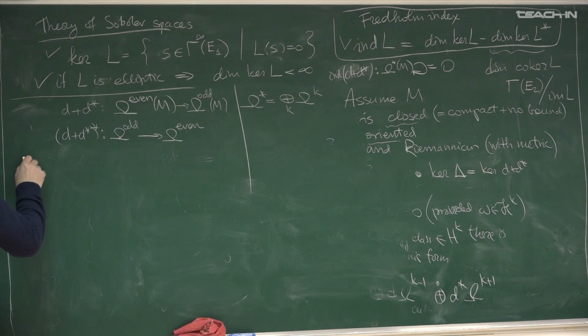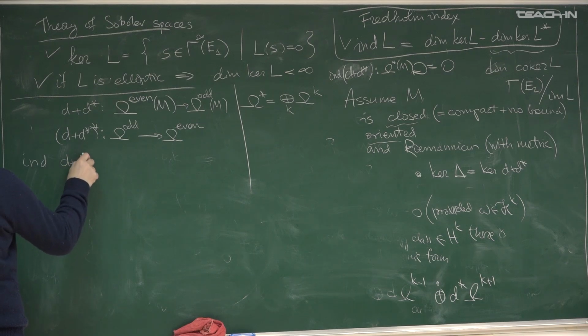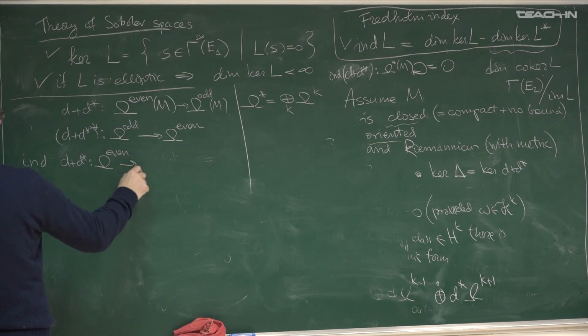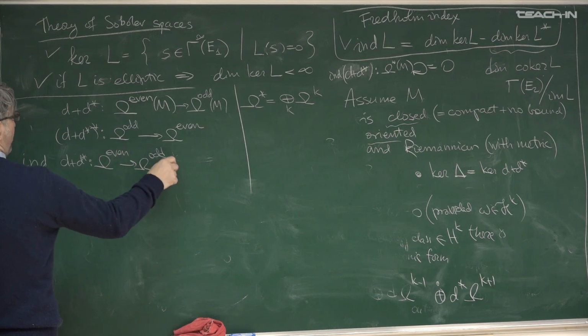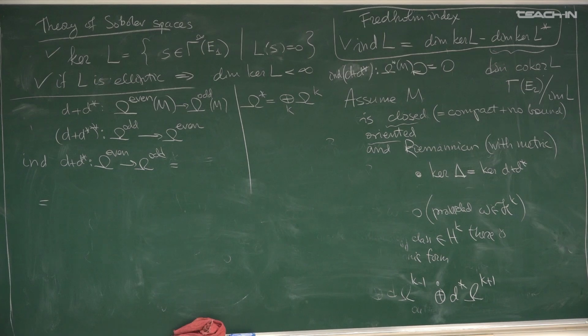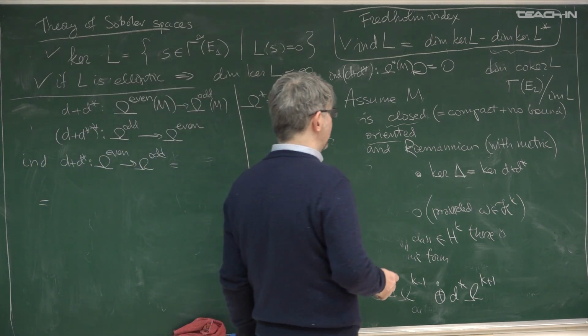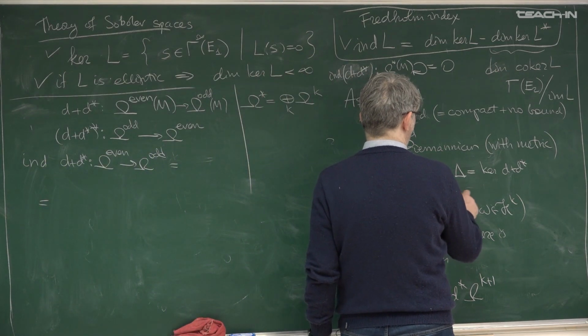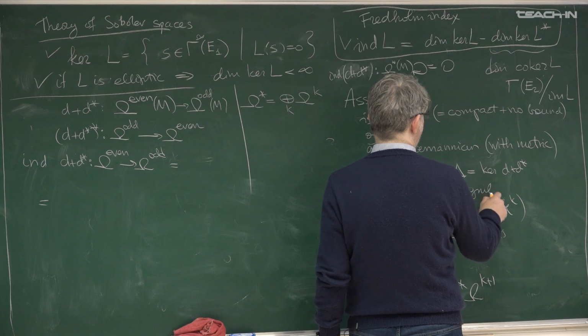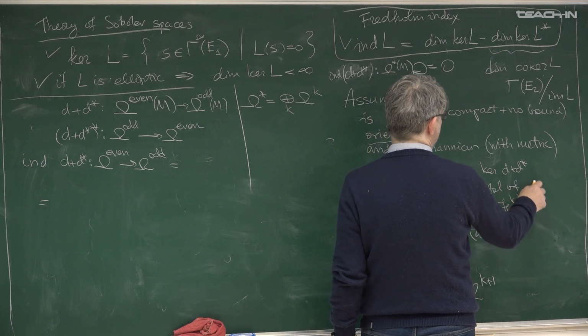Now I want to ask you about the index of this operator. Please, go on. Let me add another exercise. If it is not given, I want to see the symbol of d plus d star.